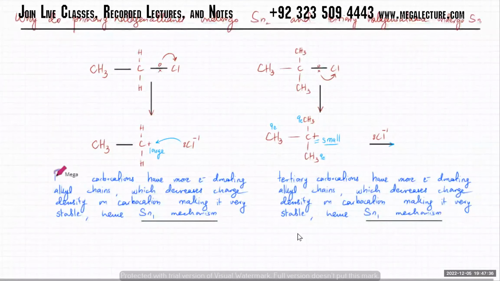So this is, they have less electron donating alkyl chains, which therefore increases charge density on the carbocation, making it very unstable. Hence, you have an Sn2. You don't actually form the carbocation. It would be very hard to actually form the carbocation. This one was primary.